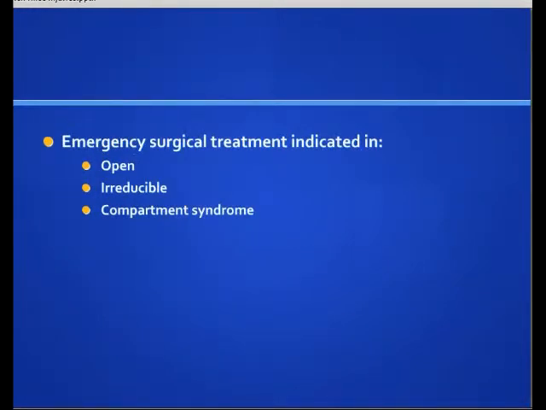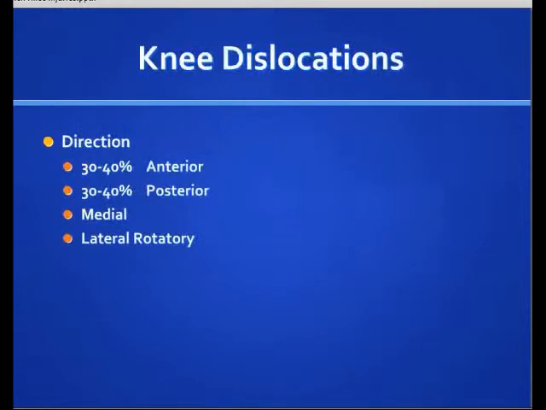Knee dislocations, just moving on to the longer term management, can be classified based on the direction of the dislocation or on the anatomy of what's injured. Direction is divided into anterior, posterior, medial, and lateral, whereas the anatomical classification, which is potentially more relevant, is divided into the different ligaments that are injured.